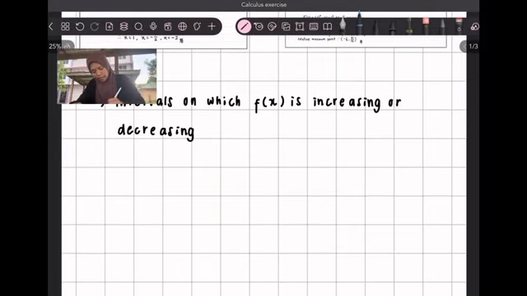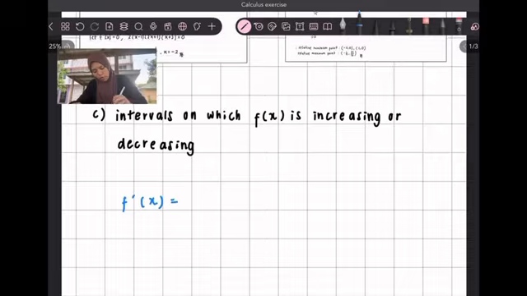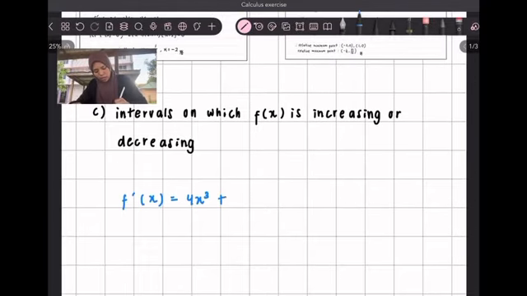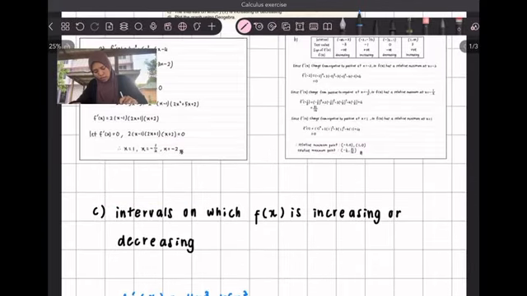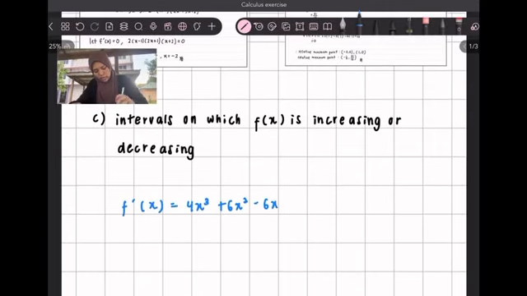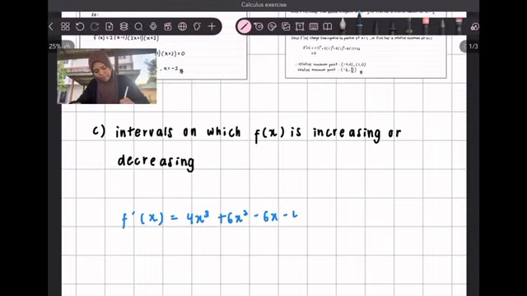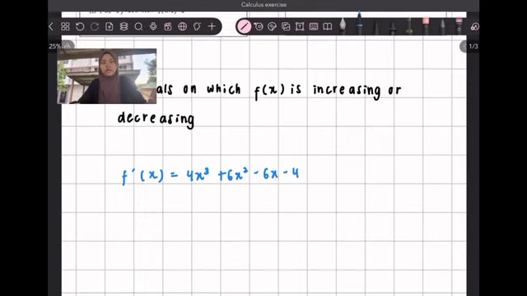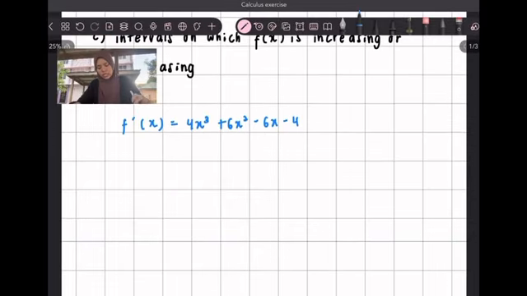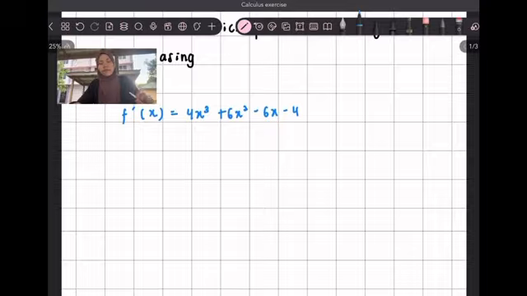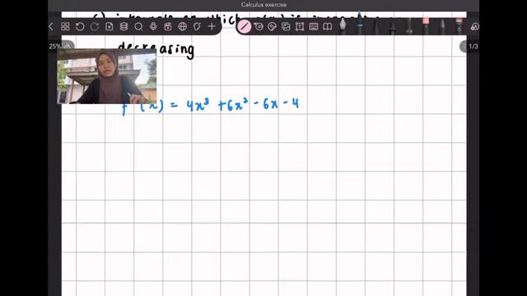So for question C, we just need to write back the first derivative, which is f'(x) equal to 4x cubed plus 6x squared minus 6x minus 4. This is the first derivative that my friend got for question A. After we have the first derivative, we just need to find the second derivative of the equation.